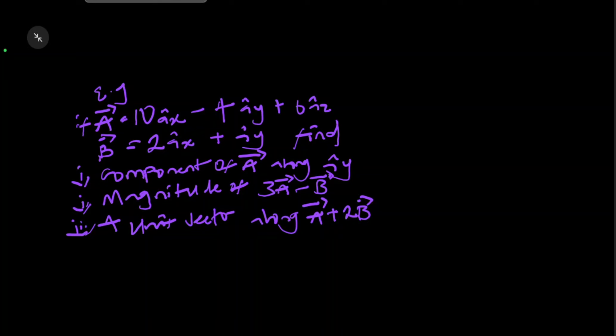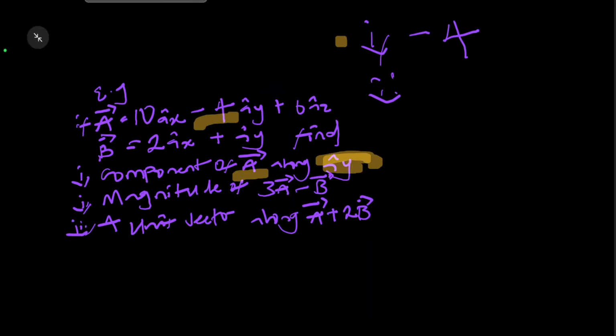As we can see here, the value attached to this unit vector is -4. So the component of this vector along the unit vector is -4. Our first answer is -4.